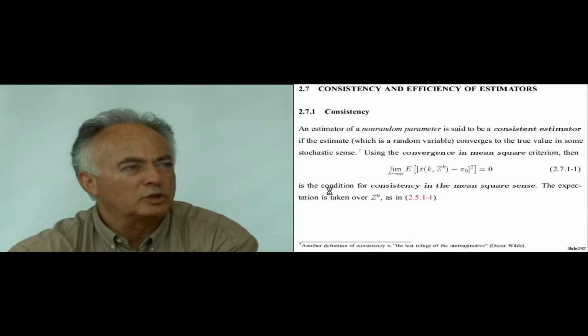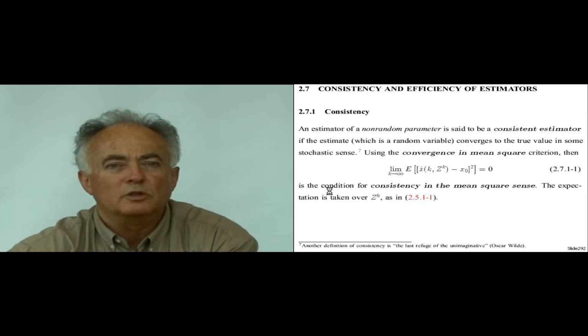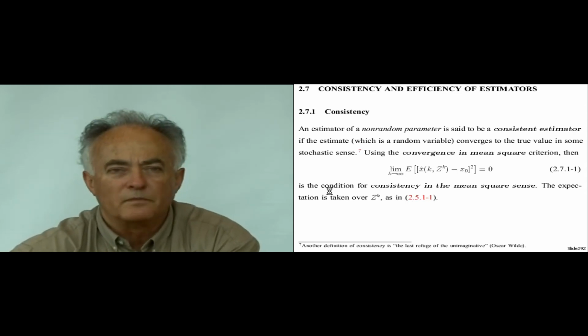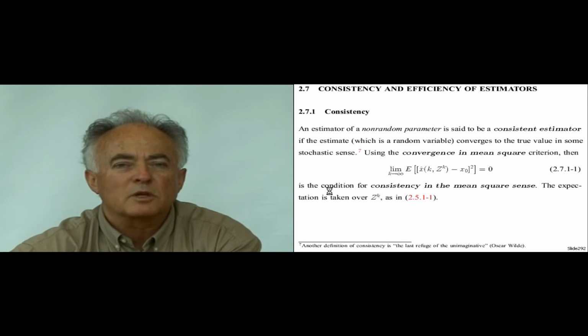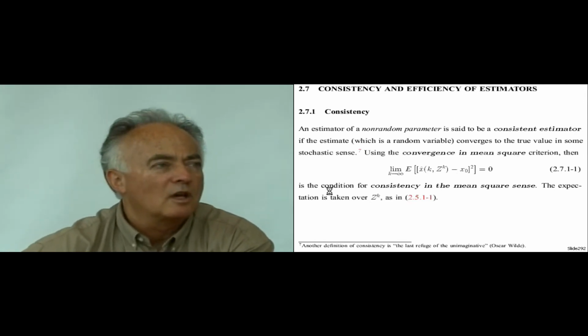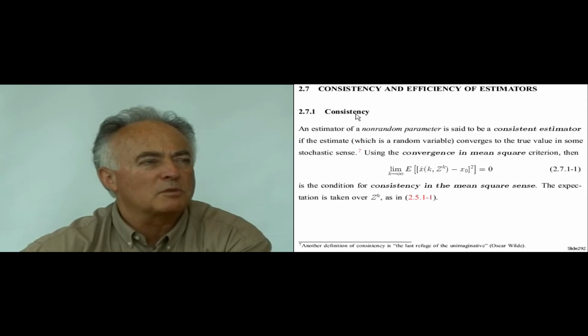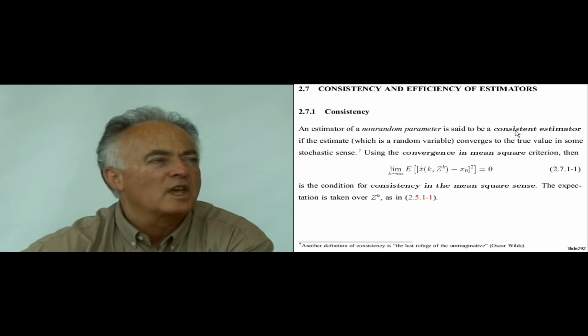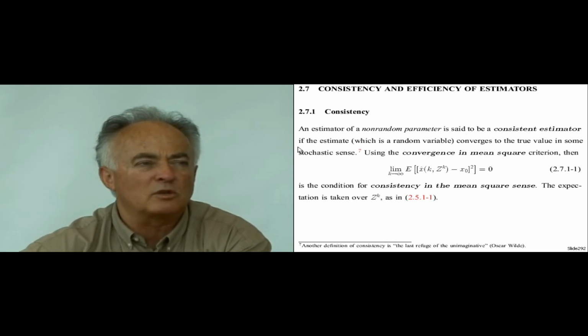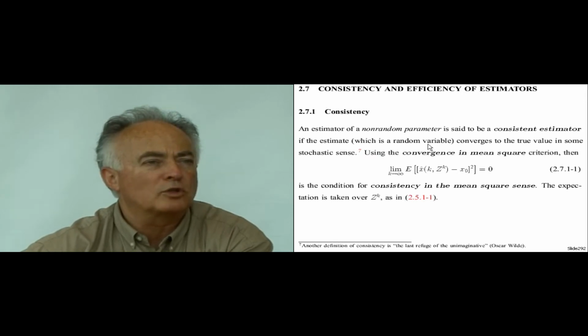Another important property, which we alluded to, is consistency. Does my estimate go to the true value as I gather more and more data? Do we have convergence? This is the consistency property. If we're talking about the estimator of a non-random parameter, we say it is a consistent estimator if the estimate, which is a random variable, converges to the true value in some stochastic sense.